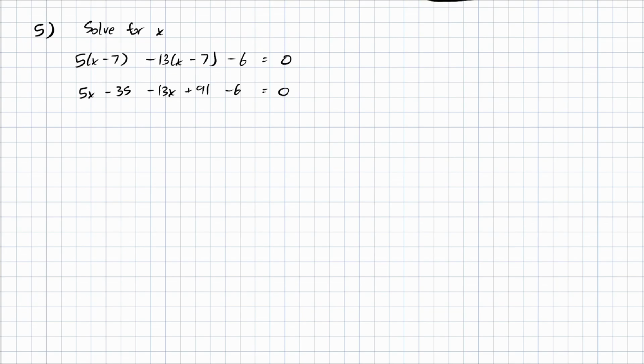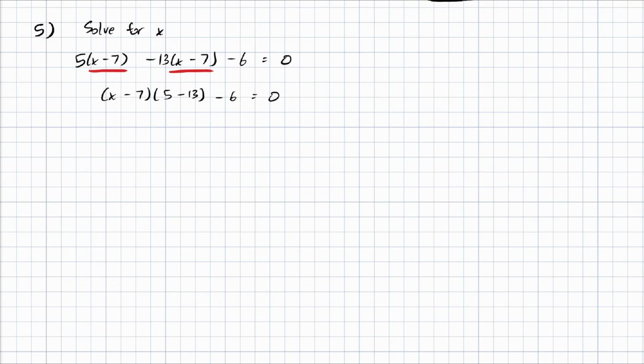Actually, no, never mind. That's a faster way to do this. You see that these two terms are the same, so this is actually a grouping question. (x minus 7) times (5 minus 13), and the minus 6 is right there.